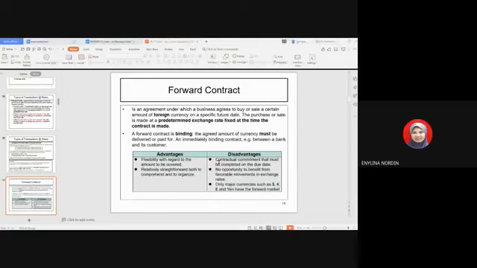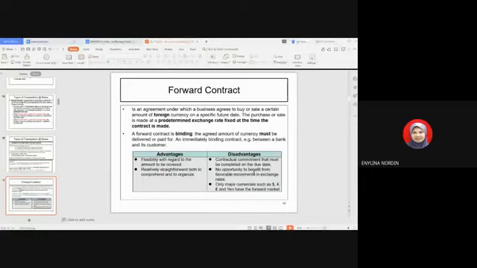Disadvantages of this forward contract: it's a contractual commitment that must be completed on the due date. If you do not execute the contract within the period specified for this particular contract, let's say the forward contract here is a 3 month forward contract, and you don't use this within these 3 months, that means you may lose.